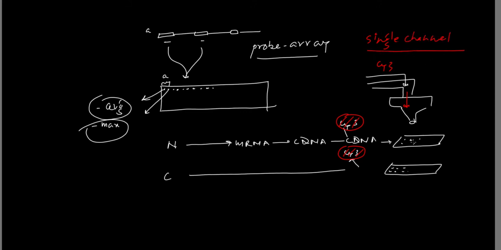It could be your choice which color of fluorescent dye you are using, whether the light intensity of any dye is fine for you or not. Basically you need to get the intensity values here. So color doesn't really matter in single channel, right? You can take any color. This is again used for gene expression, and probe array can further be extended to something called tiling array.